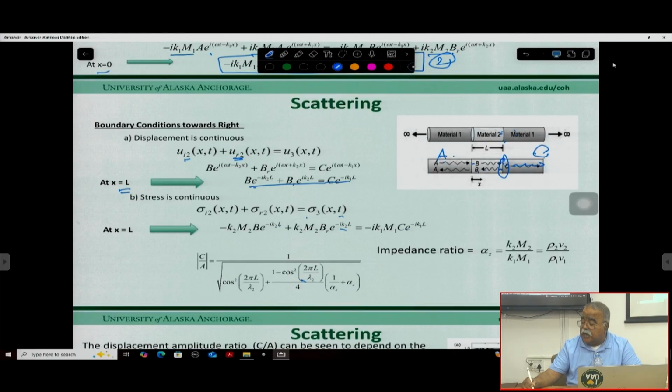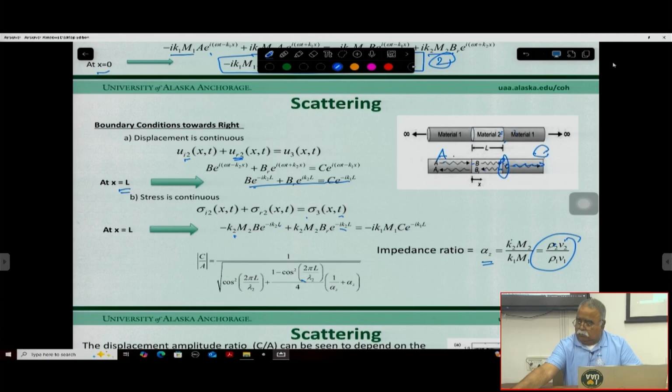You can get C by A as this relation, and the impedance ratio of the second medium you can also calculate. It is k2 m2 by k1 m1. So that means this is rho 2 V2 minus rho 1 V1. Okay.